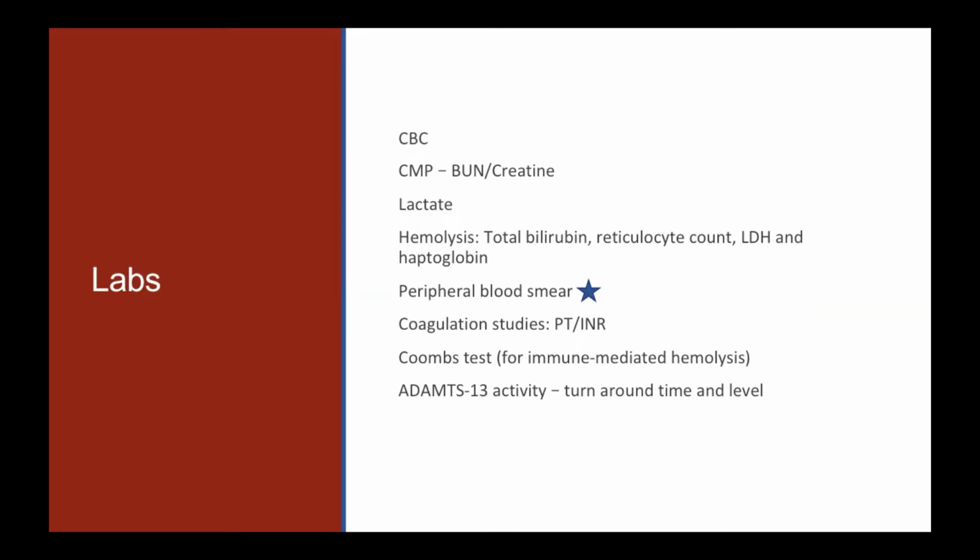And coags were already done. A Coombs test just to rule out any immune-mediated hemolysis, and an ADAMTS13 activity, which does have a lag time, depending on the availability of our labs. This would be a turnaround time and the levels themselves.